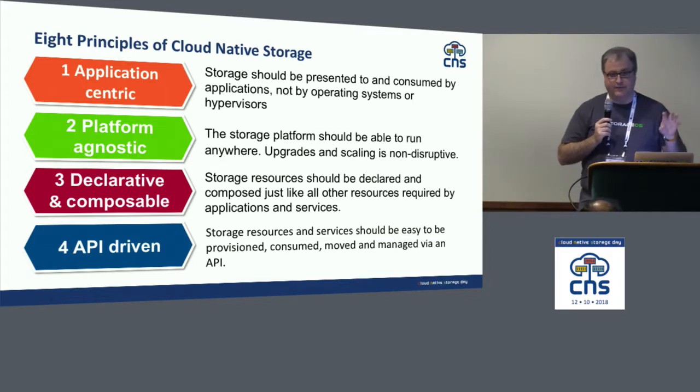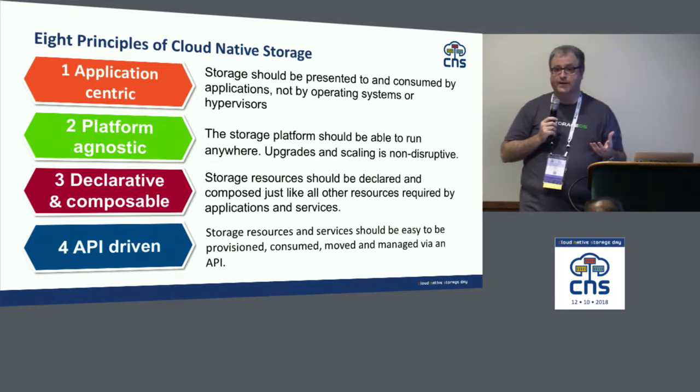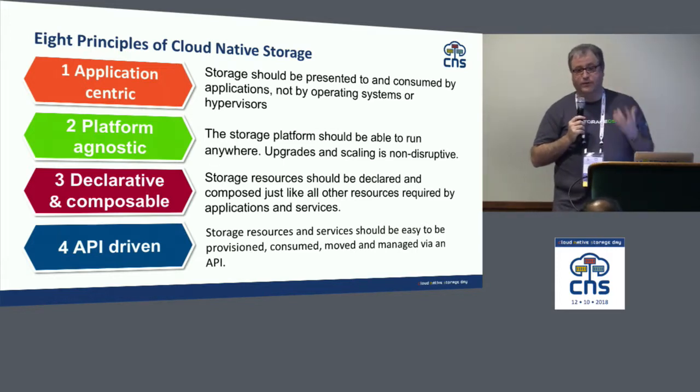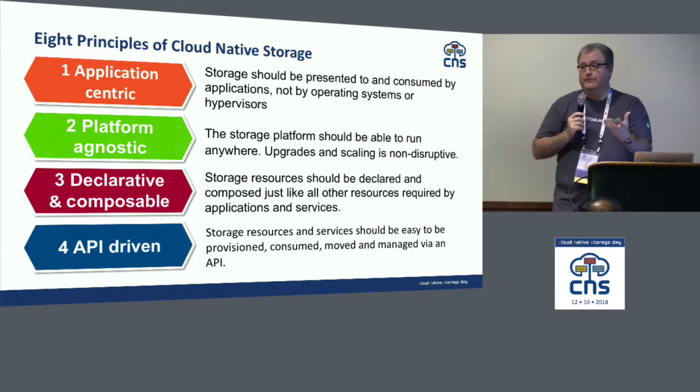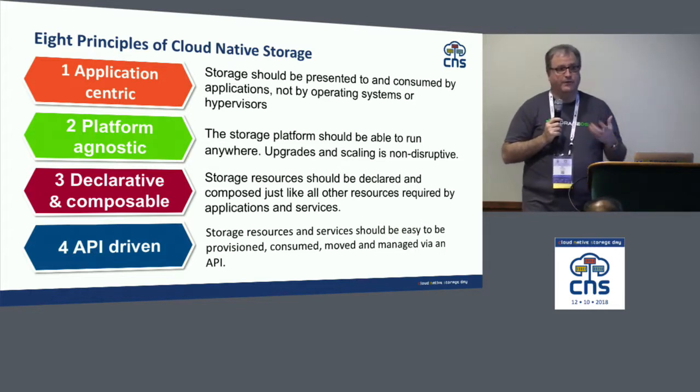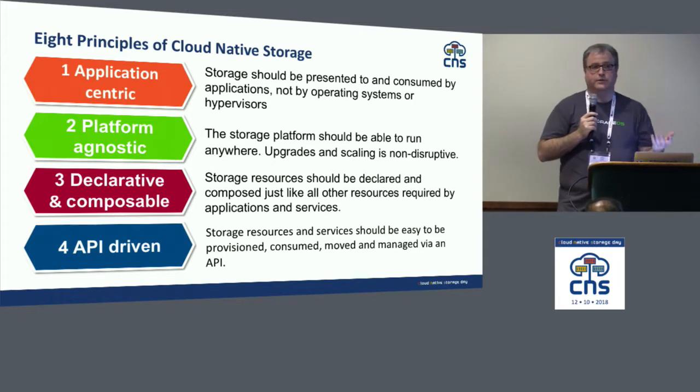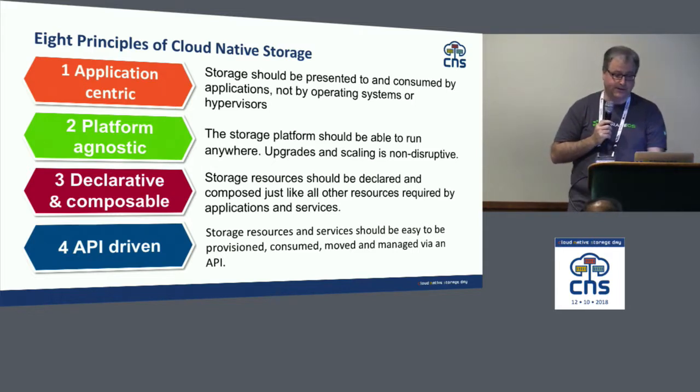So once you have an API driven environment where storage resources can be provisioned, they can be moved, attributes can be changed dynamically through an API, and everything is declarative with an orchestrator, you now have self-provisioned storage. You have an environment where developers can define what their application needs, and the storage can go and create and provision those volumes as needed.